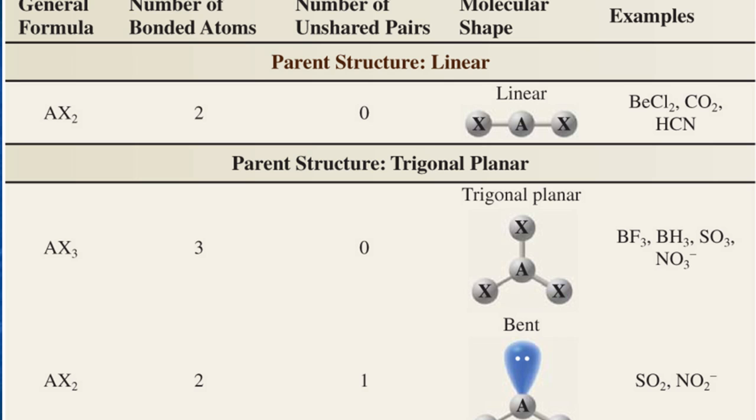But when it comes to trigonal planar, when you have 3 sets of electrons, you have the parent structure trigonal planar, and if all 3 are bonding electrons, that is, all 3 are bonded to atoms, then the shape is also trigonal planar. But how about when among these 3, one set is a lone pair or non-bonding pair? Now you have to visualize without that one.